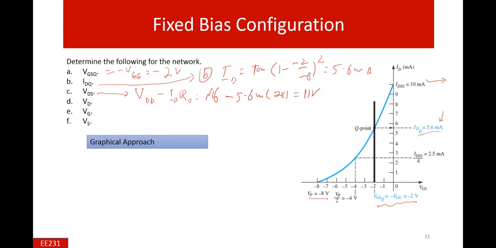Because VS is 0, VD is equal to VDS, it is equal to 11 volt.